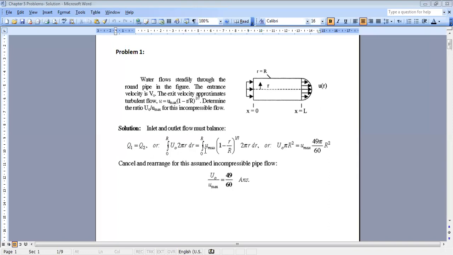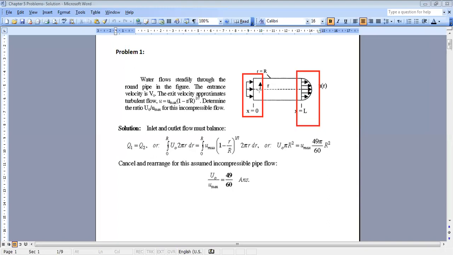At the end, it will become fully developed, and we will learn how to determine these profiles in next chapters. But now, you are just interested in the exit profile. You don't care what is happening in between, because you are applying your continuity equation between here and here. So whatever is happening in between, you don't care.